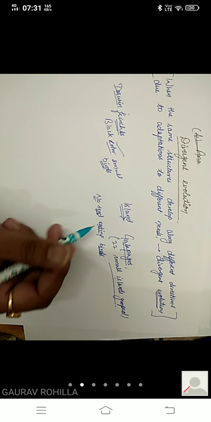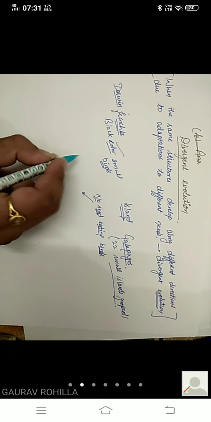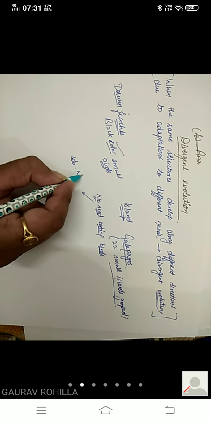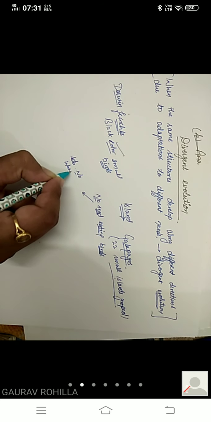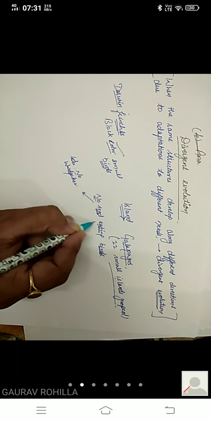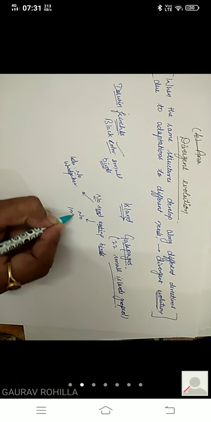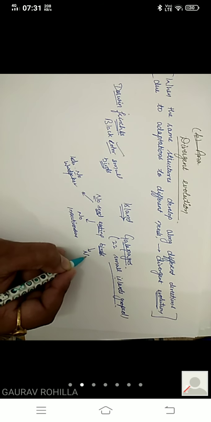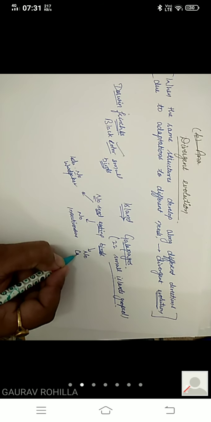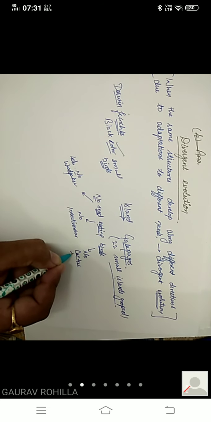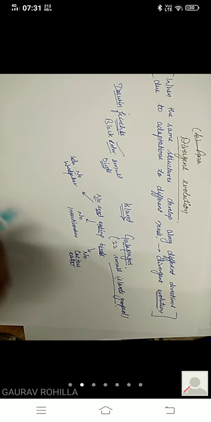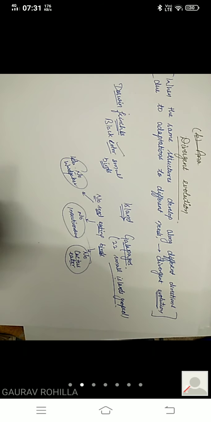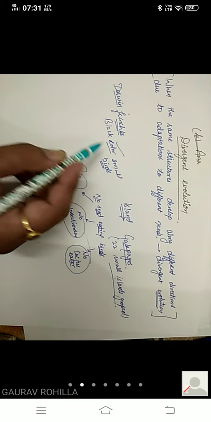He saw that there is no seed eating bird, no woodpecker, no insectivorous bird, no cactus eater. But these finches changed their beak shape.